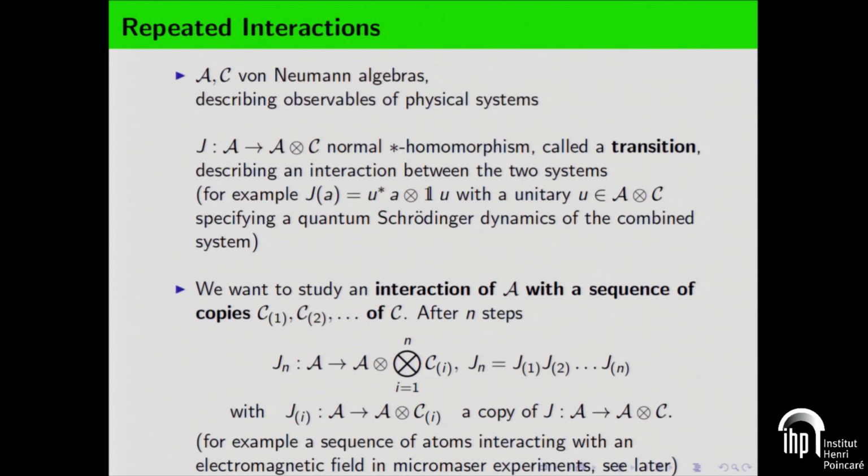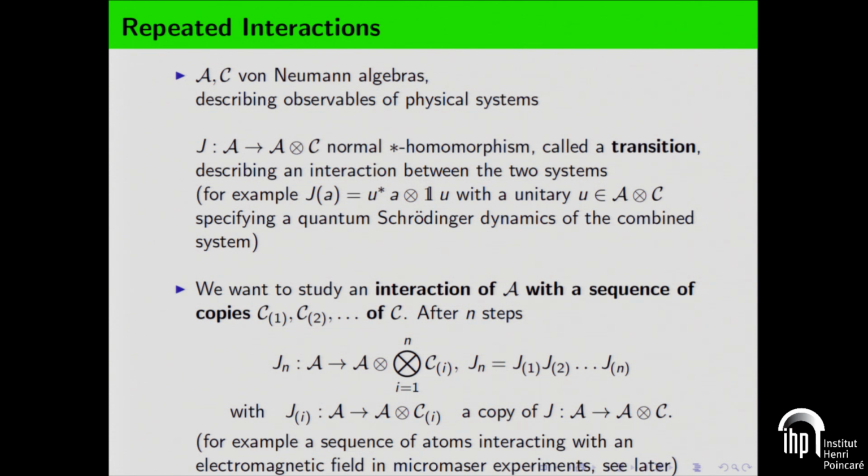If we do that again and again with different copies, then after n steps we have J_n from A to A tensor product of C1, C2, up to Cn. And J_n is just a product of these interactions, J_(1) times J_(2) up to J_(n), where J_(i) in brackets is just a copy of the original J, only acting on A and Ci, and identity everywhere else.